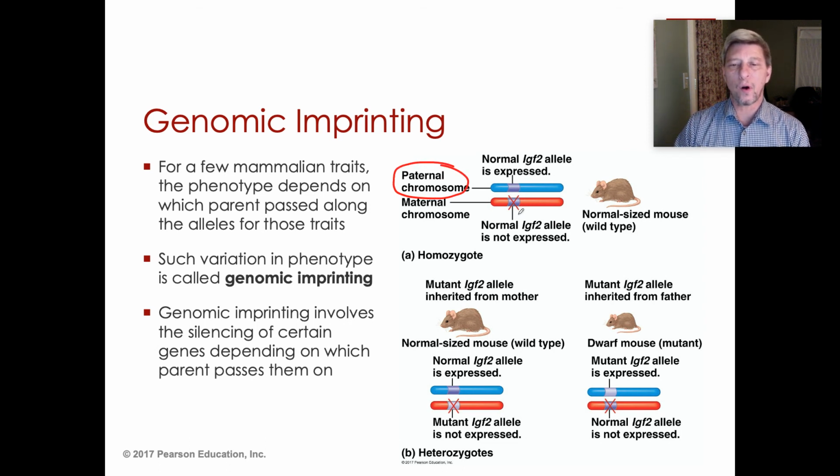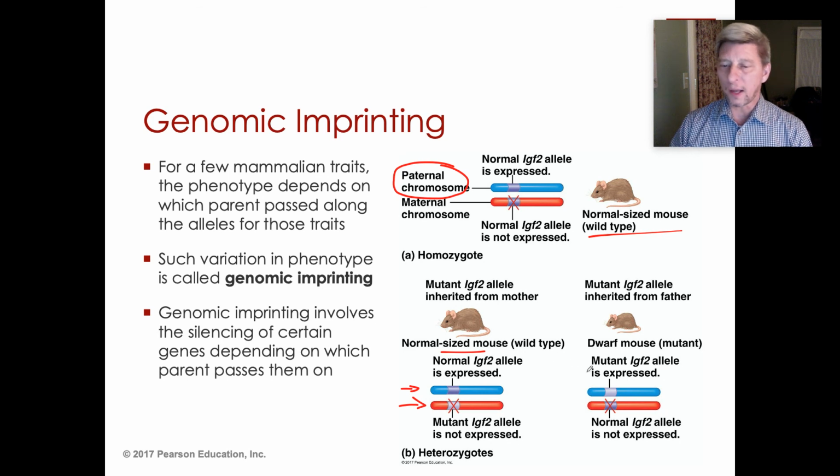So let's say that you're a homozygous dominant individual, with the wild type being the dominant allele. Well, in this case, the allele on dad's chromosome gives rise to a normal-sized mouse. On the other hand, if a heterozygous mouse is produced, and here we have a normal allele on dad's chromosome and a mutant allele on mom's chromosome, well, mom's chromosome is not expressed, and therefore the offspring will be a normal-sized mouse.